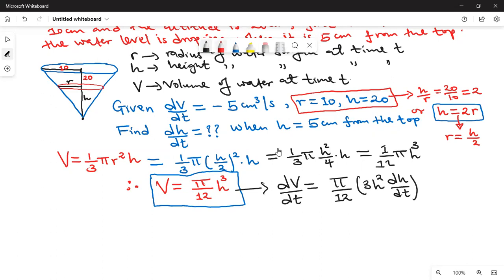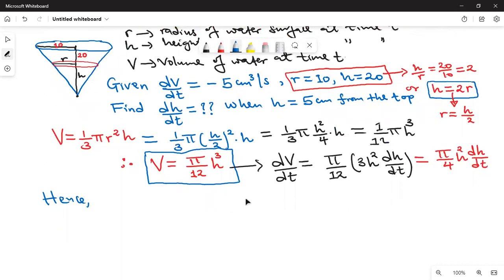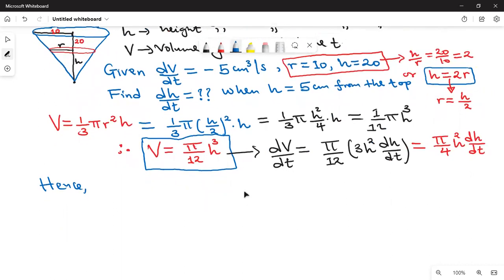So that's when you differentiate. And you see, you can simplify. When you simplify, you're going to get pi over 4 h squared dh/dt. Now, make dh/dt the subject. When you make dh/dt the subject, let me write hence. So we are going to make dh/dt the subject.